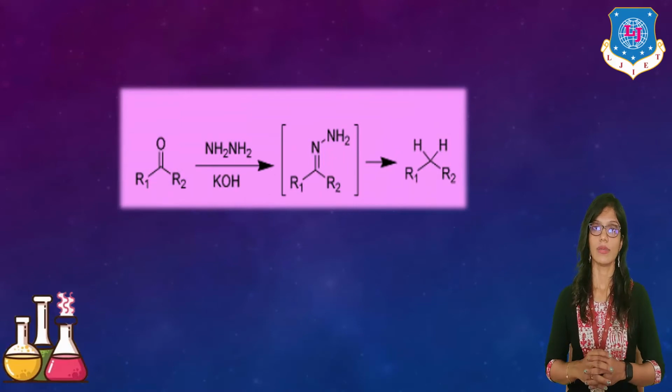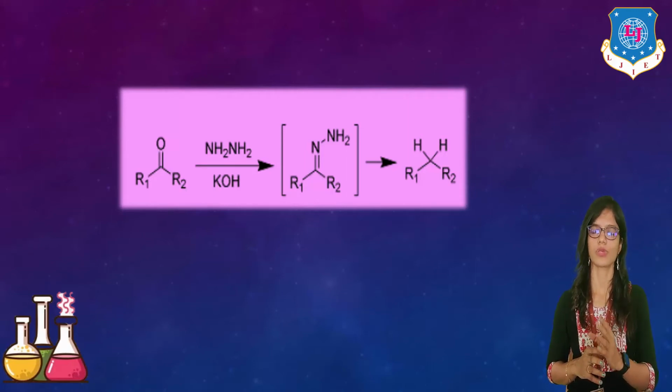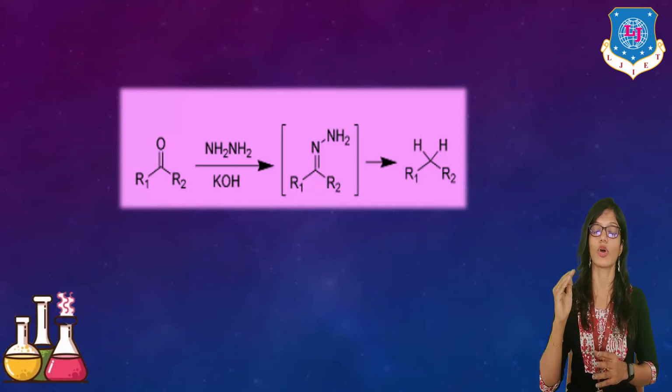Now let's see how it goes. As you can see in the image, we have R1 C double bond O and R2. It reacts with NH2 NH2 in the presence of KOH, as we have seen, in the presence of a base. It will get converted into R1 carbon double bonded N, NH2, and again an R group is there.